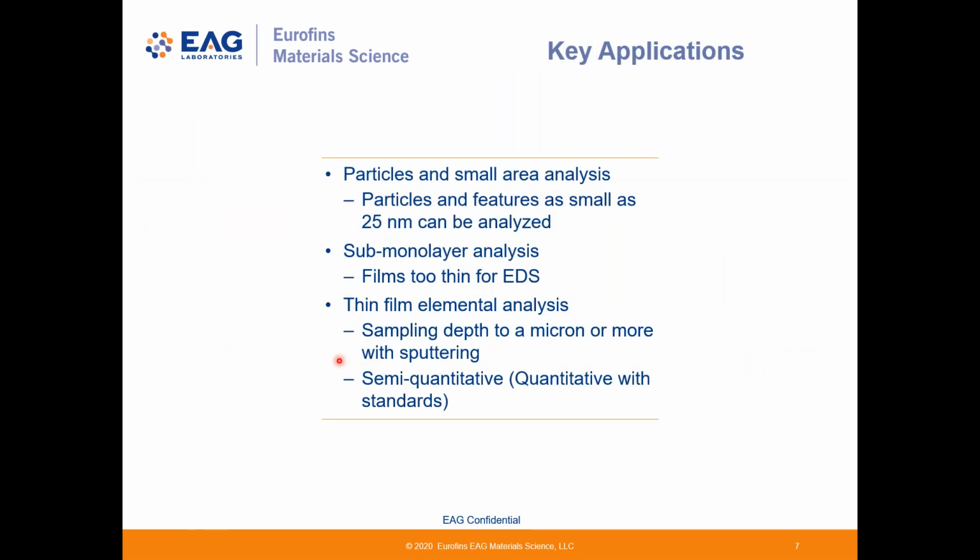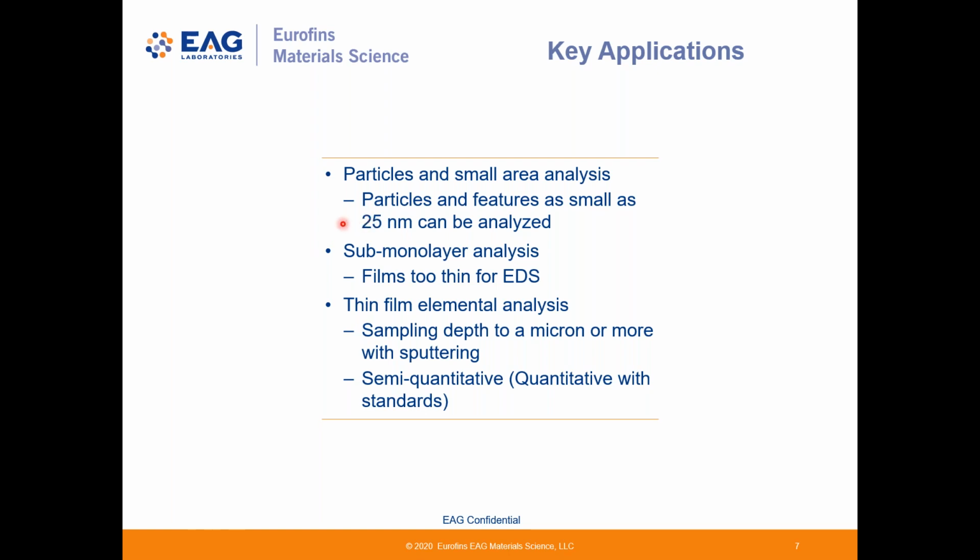So as a result of these attributes of Auger analysis, several key applications have emerged that take advantage of these advantages. Because of the very small electron beam diameter, we can observe and detect very small particles and features as small as 25 nanometers. And I would venture to say that we can even detect features smaller than our beam diameter under certain ideal conditions.